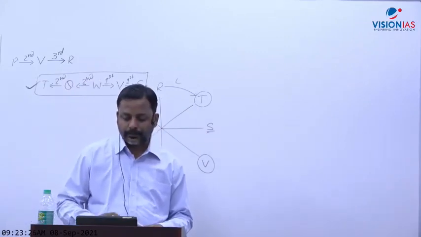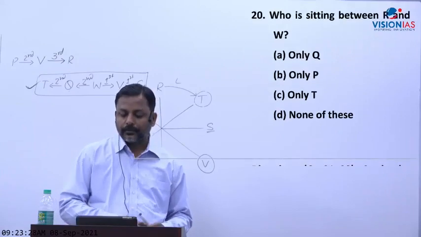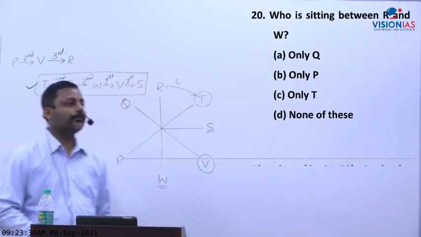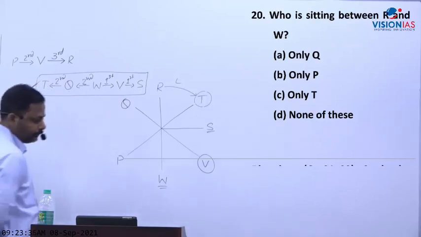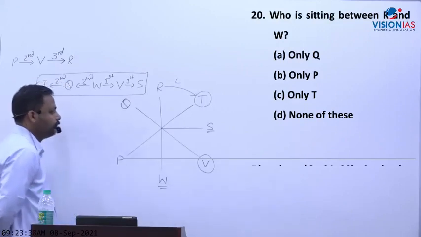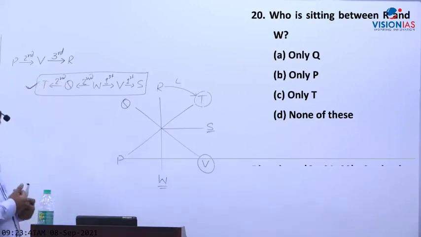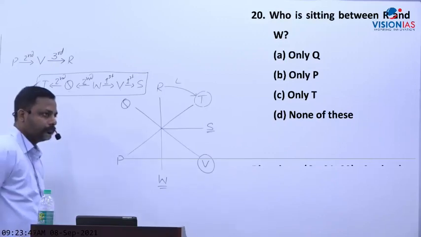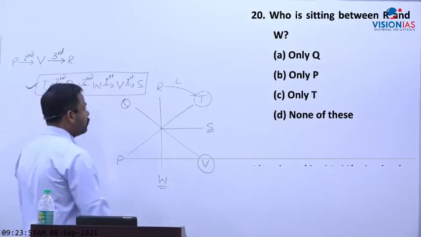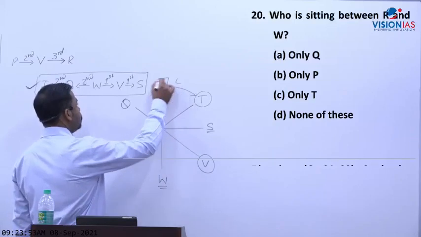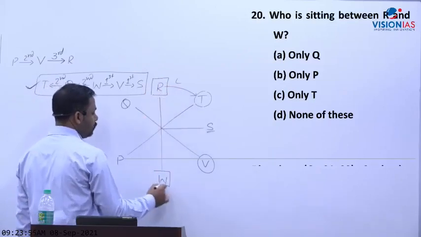And one more question is, who is sitting between R and W? Between R and W. So R is here and W is here.